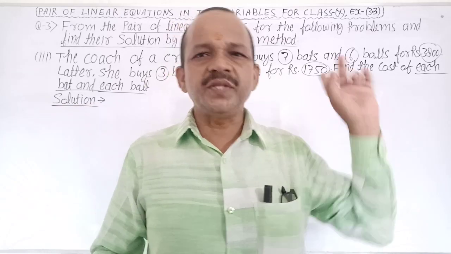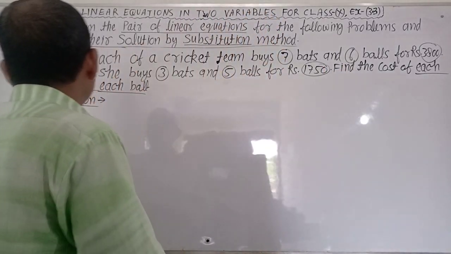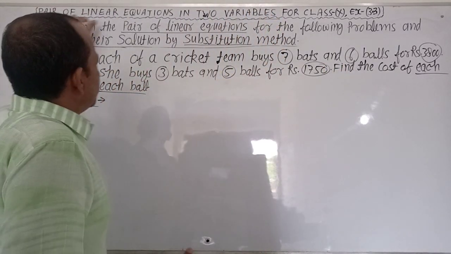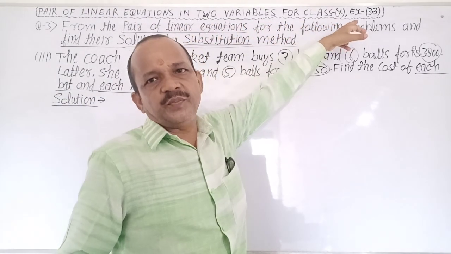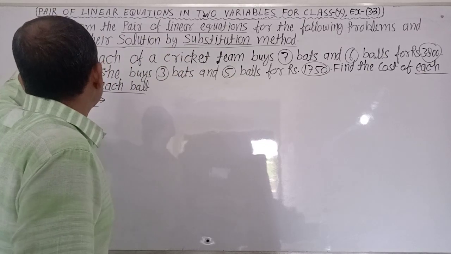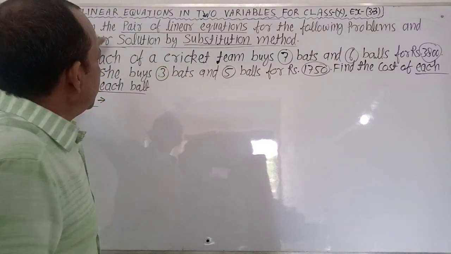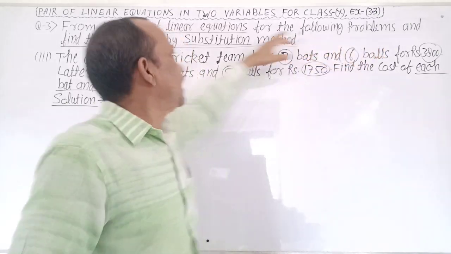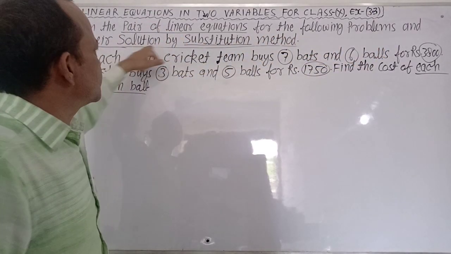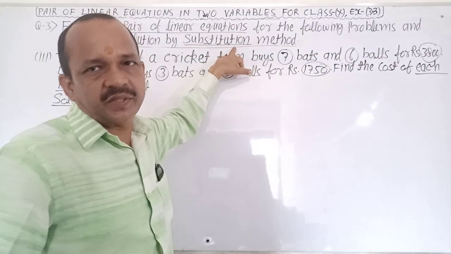Very good. See the board. Pair of linear equations in two variables for class 10, exercise 3.3. Question number 3. Form the pair of linear equations for the following problems and find their solution by substitution method.